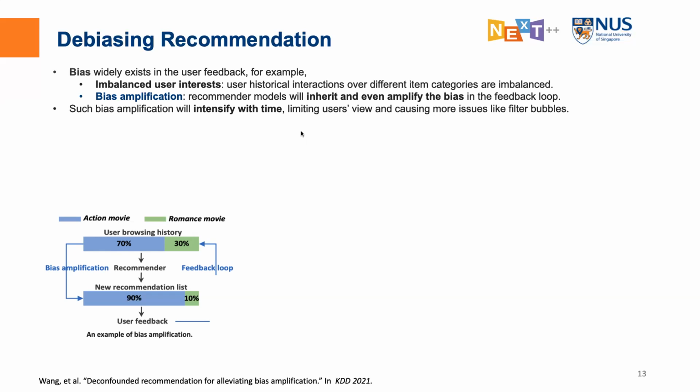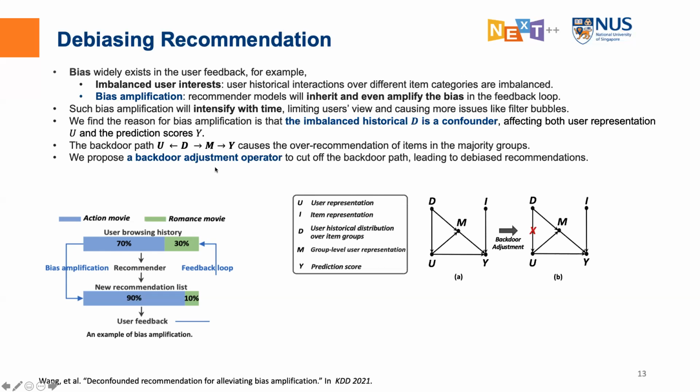We also try to understand why this situation happens in the recommender model. We find that the underlying reason is the imbalanced historical interaction. It affects the user representation and also the prediction score.